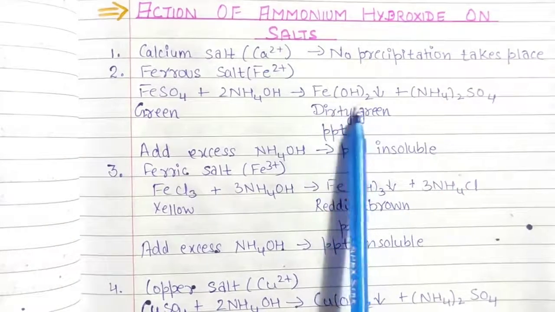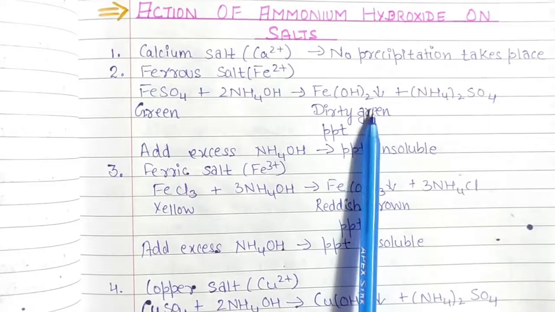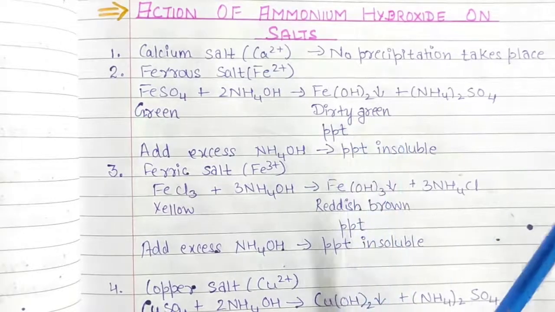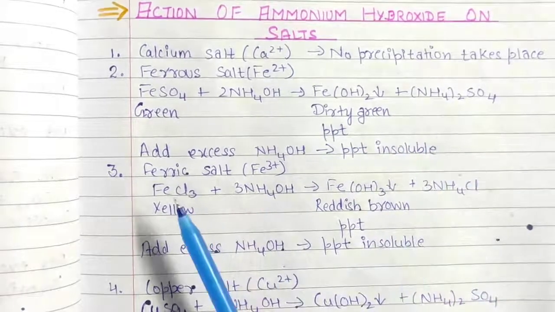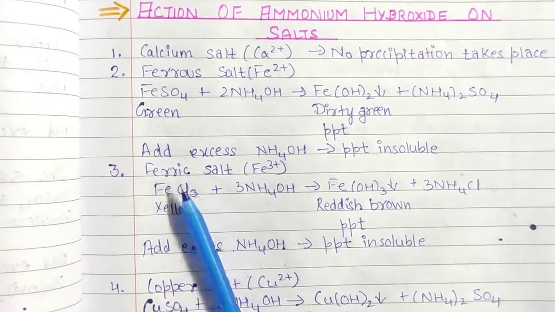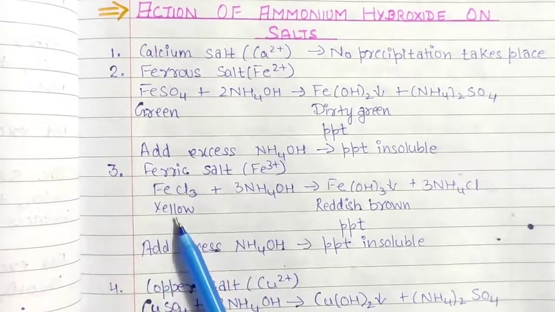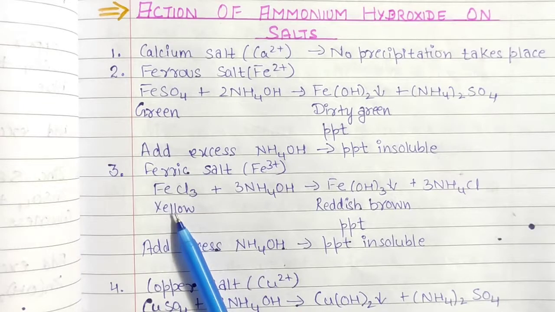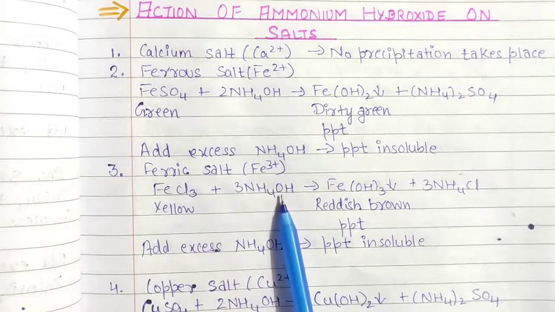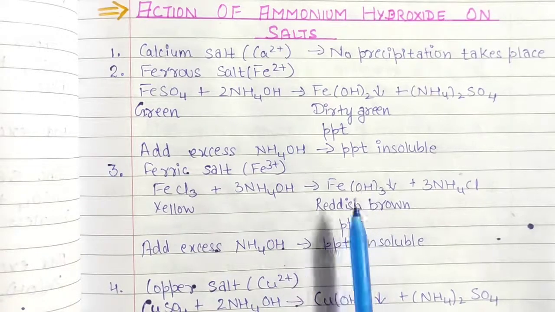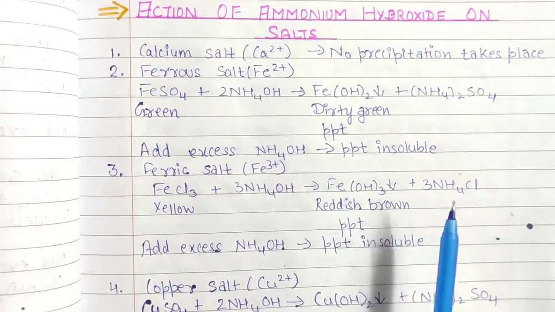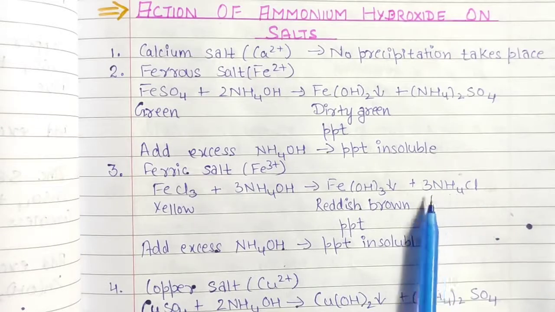This dirty green precipitate is insoluble in water. If we are talking about the ferric salt, if yellow colored ferric chloride reacts with ammonium hydroxide, it will form an insoluble reddish brown precipitate and colorless solution of ammonium chloride.